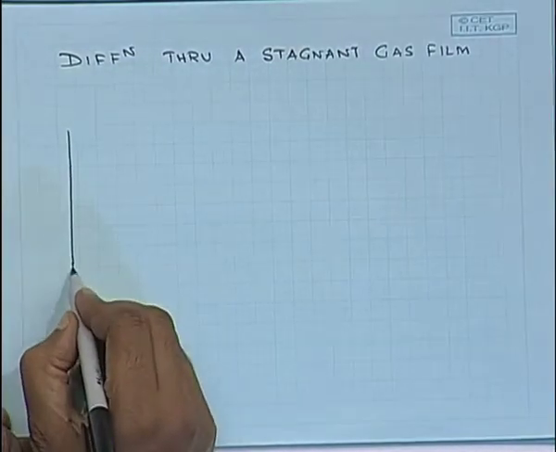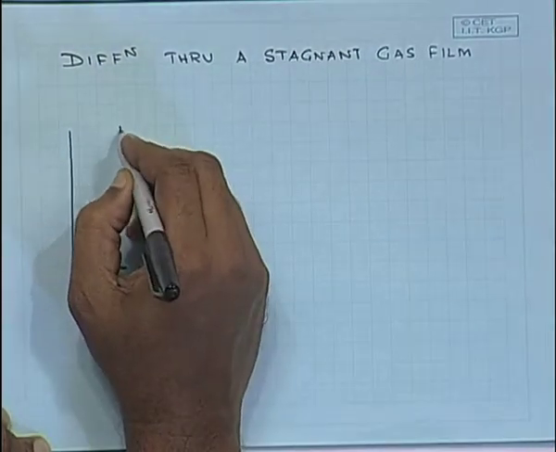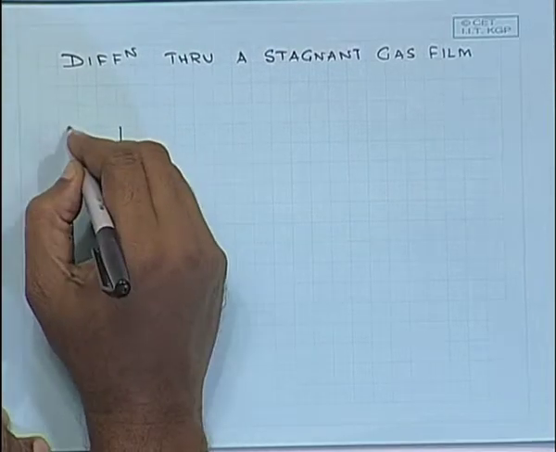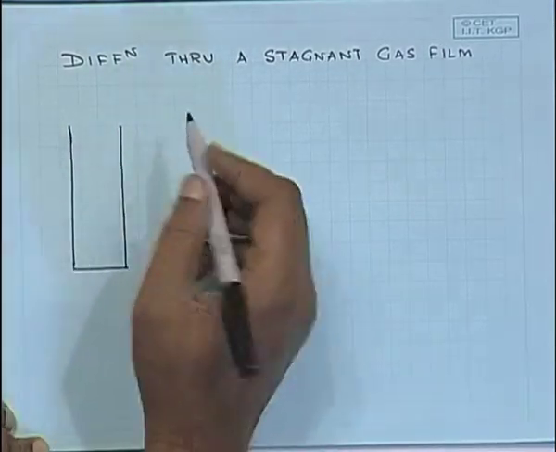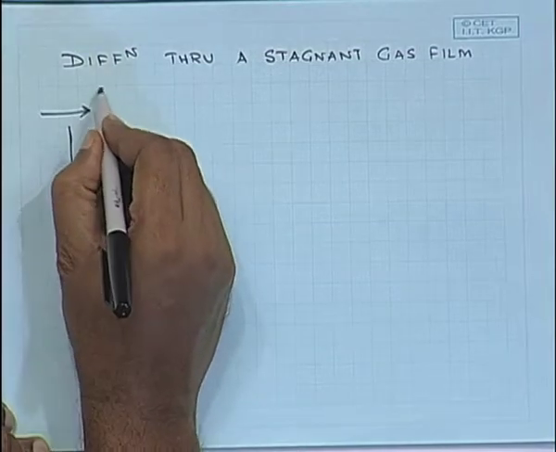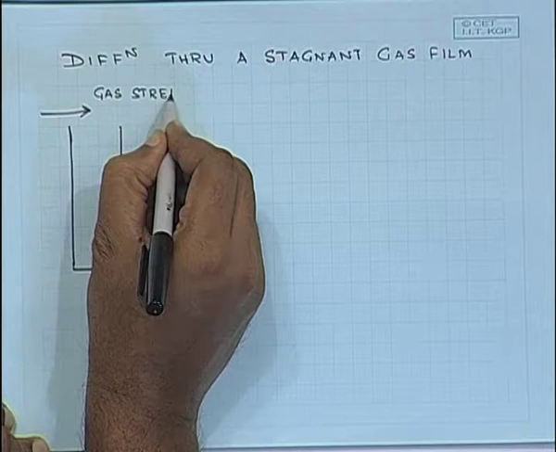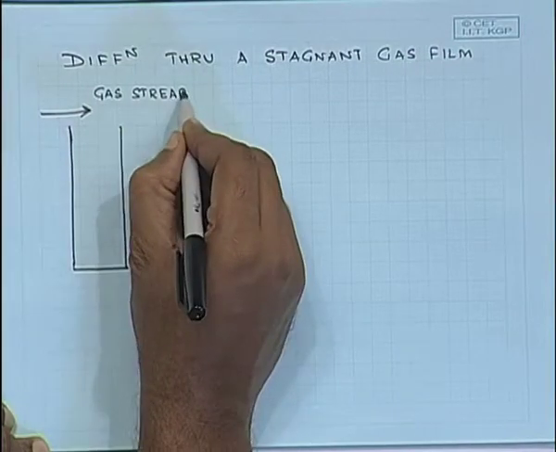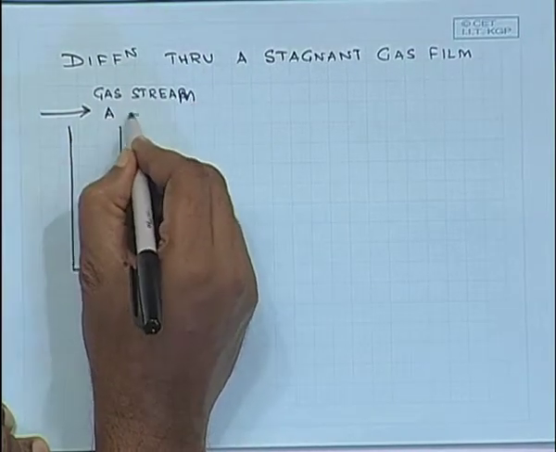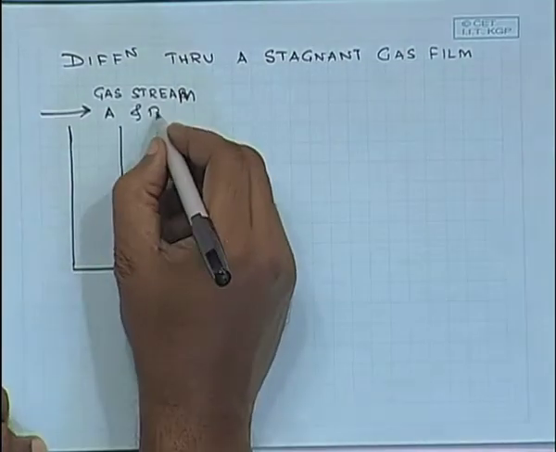The situation is that in a tube, the top of the tube is open and I have a gas stream of A and B flowing over it.